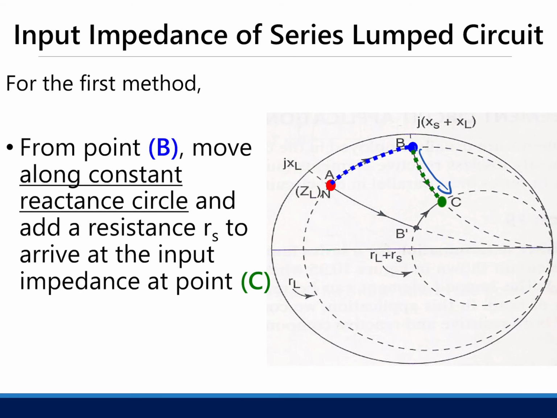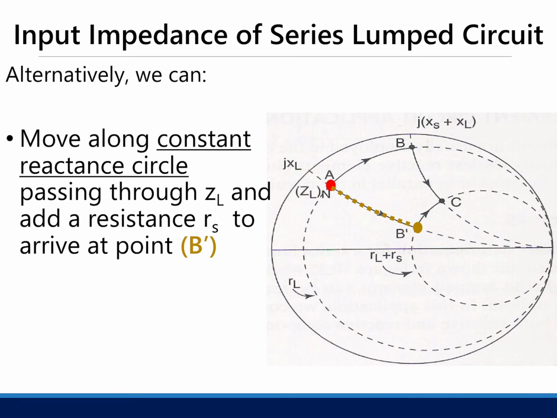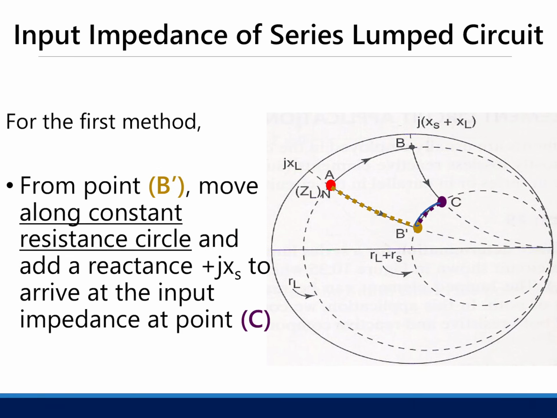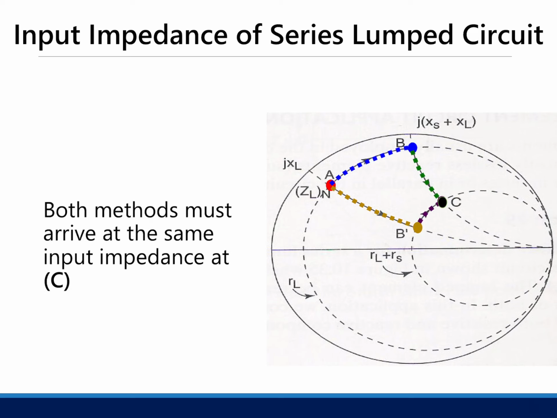So take note that you are moving on a constant reactance circle. Okay, so the other way around is something like this. So you add the resistance first, you're moving along a constant reactance circle, and from there you add a reactance, and you're moving along a constant resistance circle. Okay, so both methods arrive at the same point C.